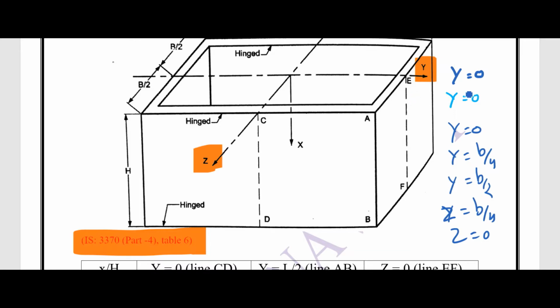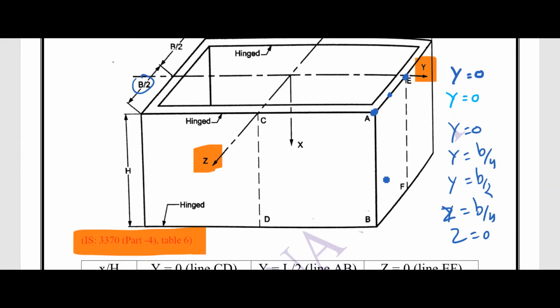First of all, y is equal to 0 here, because the y direction is that. Then y is equal to b by 4, which is in the center, and b by 2 is here.